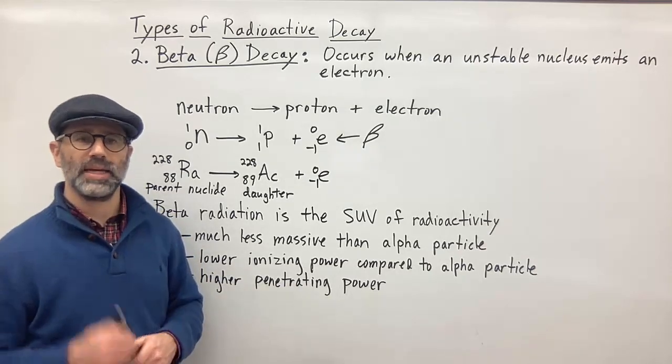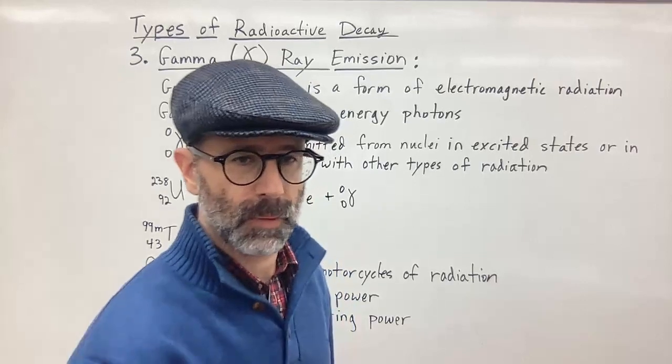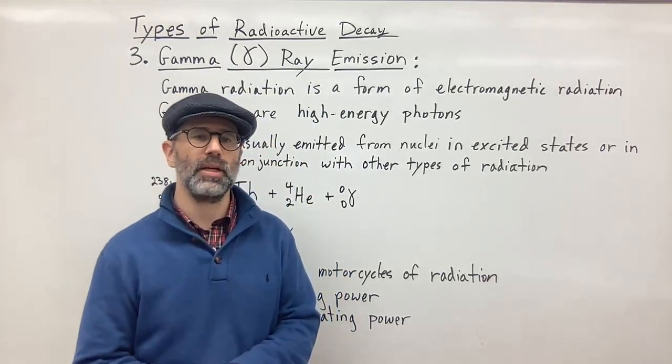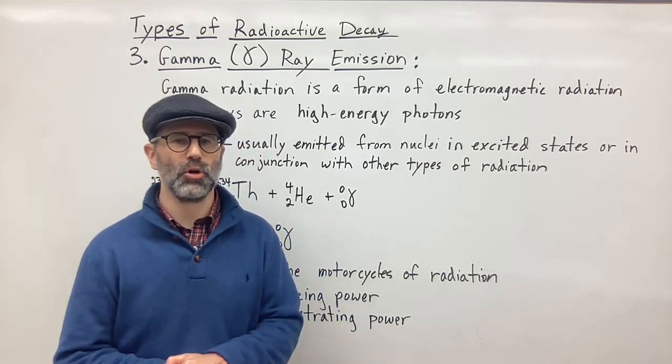So next would be gamma radiation. Okay, so next is the gamma ray emission. Gamma radiation is a form of electromagnetic radiation.